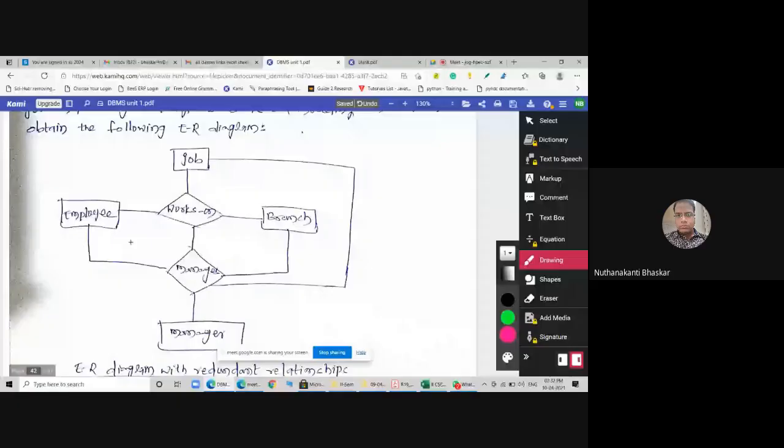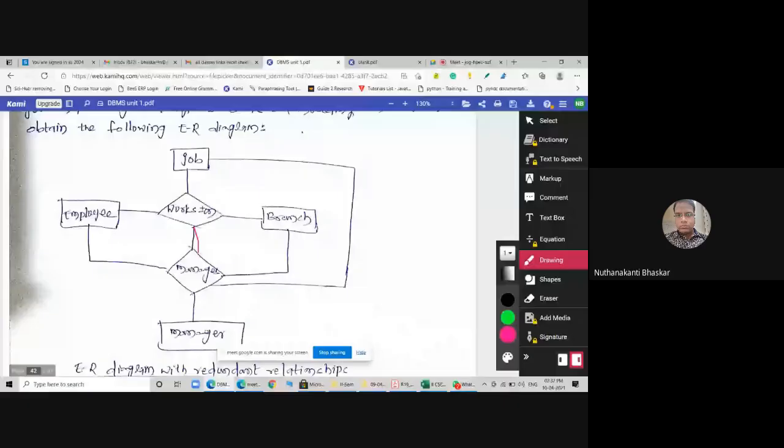scaled like this. Why? Because employee works on branch, employee manages manager, job manages manager, and so on. What happened in this process? Here we got one link from relationship to relationship. As per the ER diagram rules, there is no chance of association between relationship set and relationship set. This is the problem.